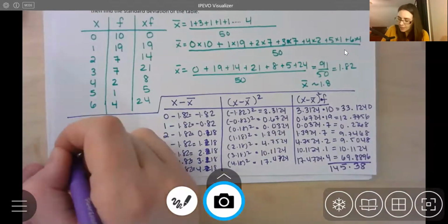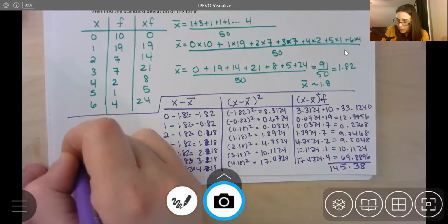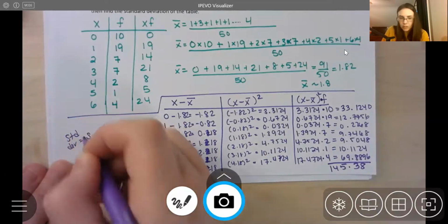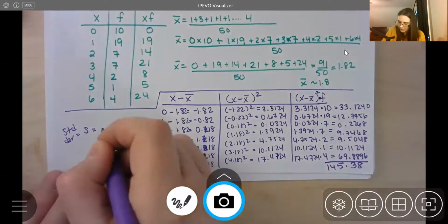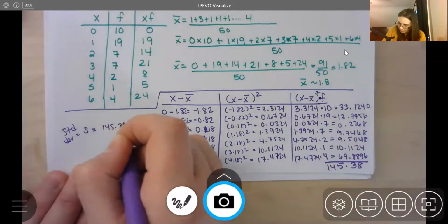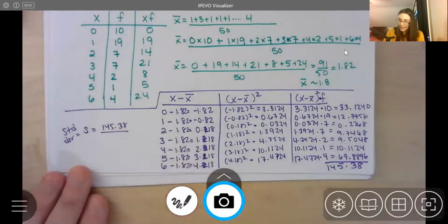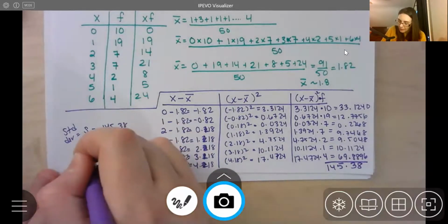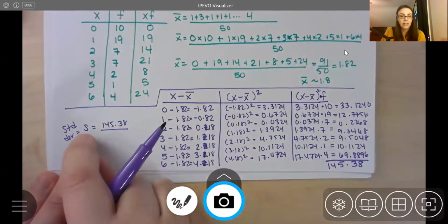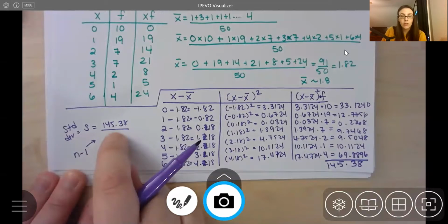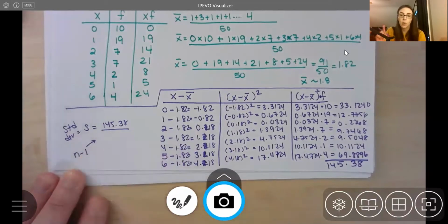And finally, for my standard deviation, now remember this is a sample standard deviation, so I'm going to use S notation here. What I'm going to do finally is take that 145.38, and I'm going to divide it by my sample size minus 1. So when you have a sample, don't forget you don't use the full sample size, you subtract 1 from it.